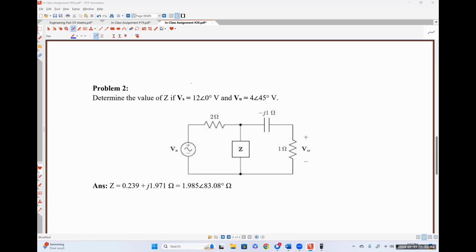When we get to talking about complex power, average power is the real part of complex power, and what's called reactive power, which is associated with both capacitance and inductance, is the imaginary part of complex power.